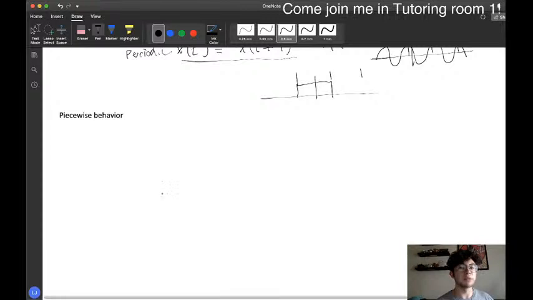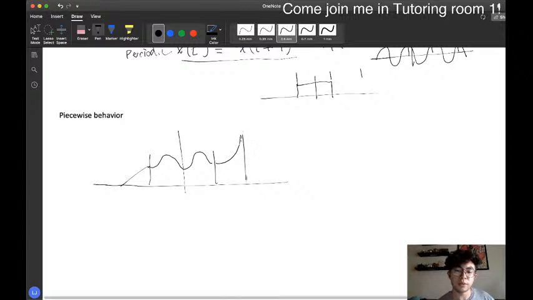So basically what I mean by that is, let's consider the following signal. Let's have it have one behavior over here, some other behavior here, and some other behavior over here. So basically what I mean by piecewise behavior is within some region of the real axis, our time axis, some portion of time, it's going to be acting like one function.